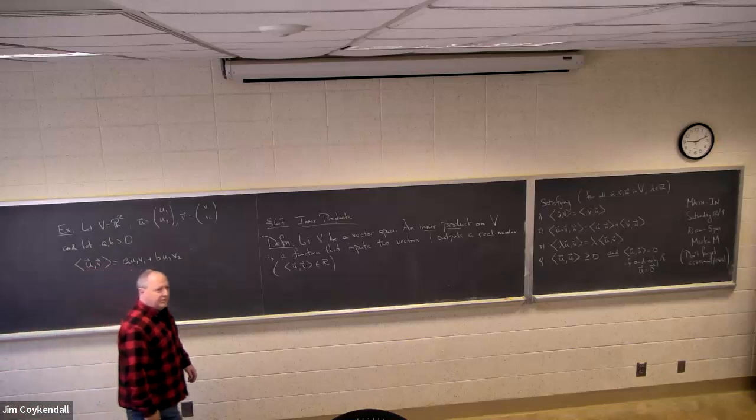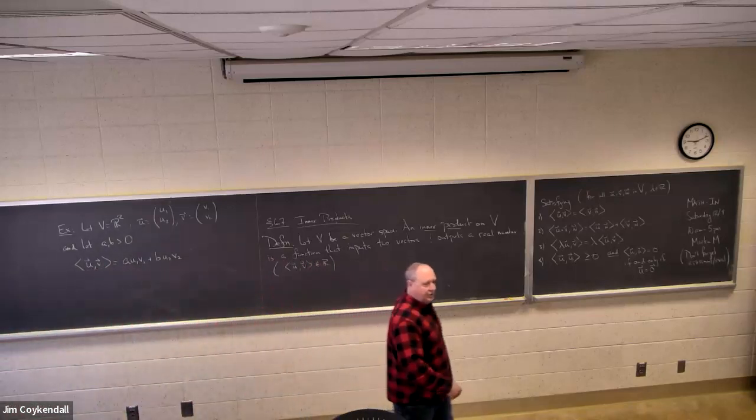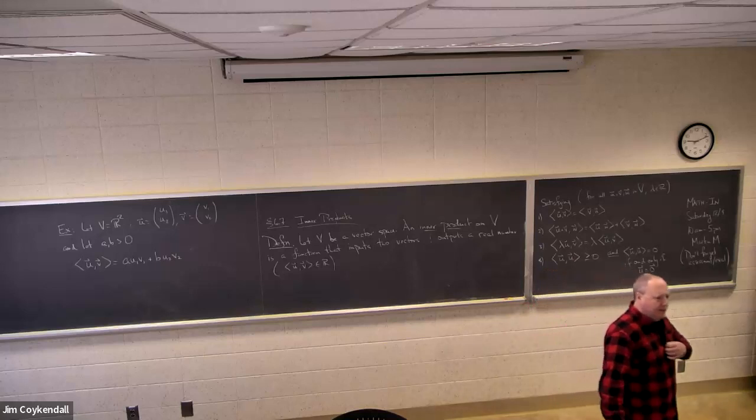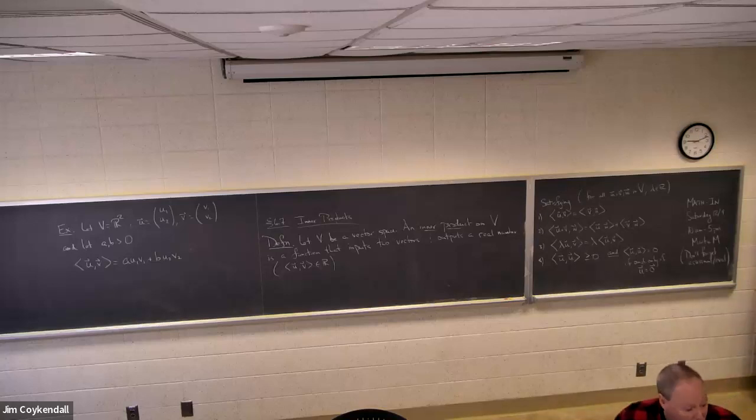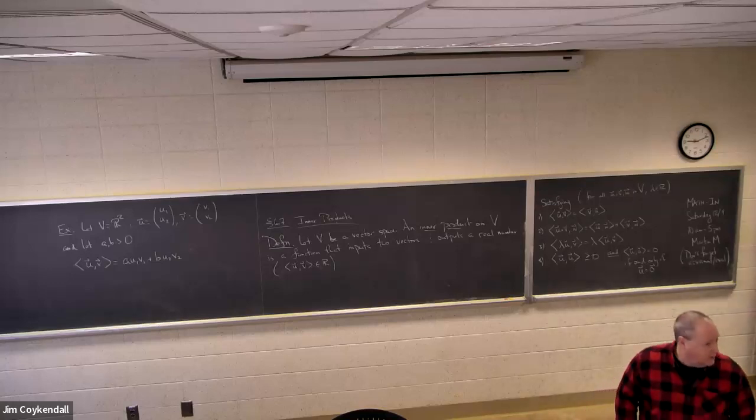Does anybody see what this is a special case of? This is a generalization of what? What does this remind you of? If it weren't for the A and B there, so in particular, if A and B were both one, what would this look like? This is the ordinary dot product if A and B are one, correct?